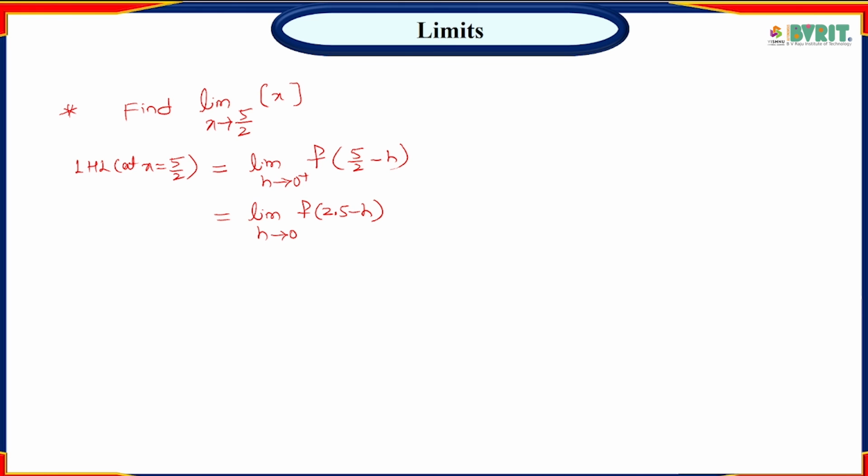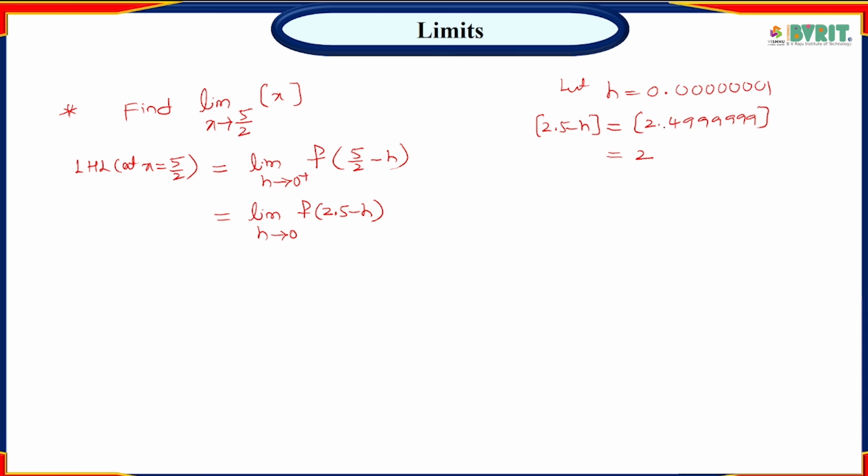Again we take h is equal to 0.0000001. Then 2.5 minus h is equal to what? The value is 2.4999999. The greater integer of 2.4999 is equal to 2, because this is the greater integer function.